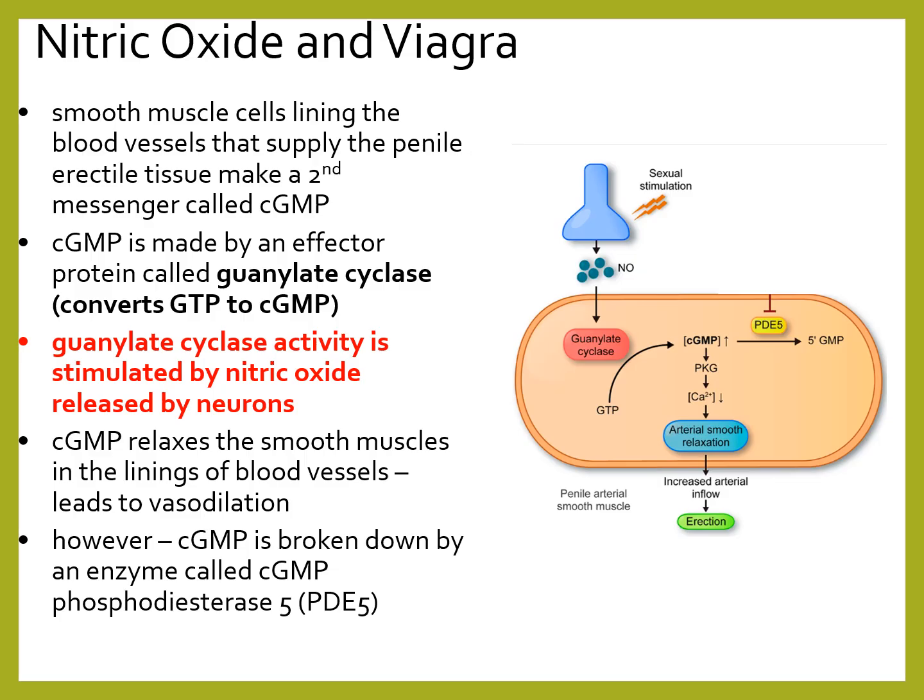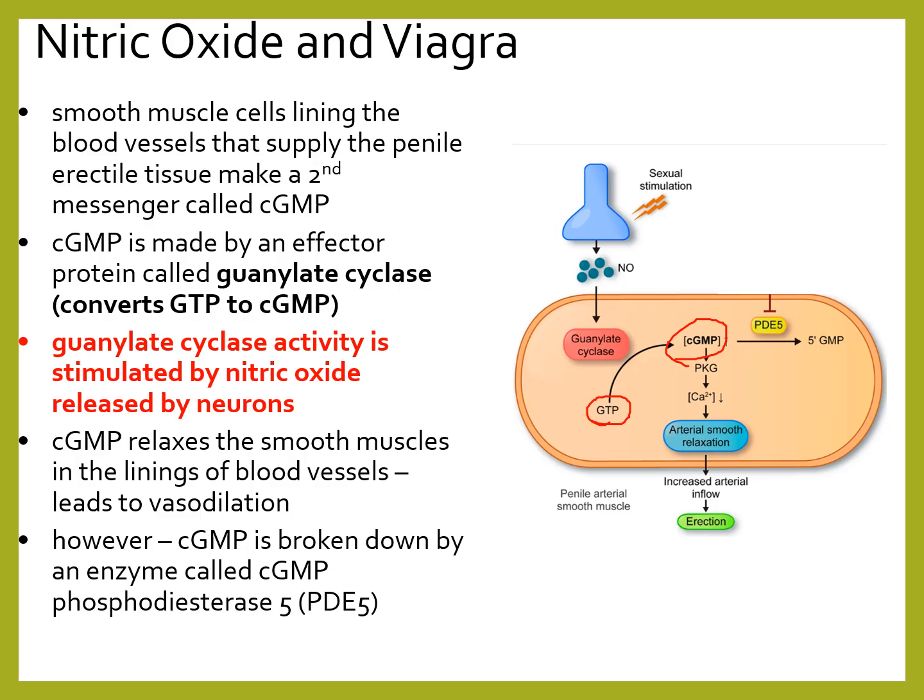These second messengers work in similar ways, in that they cause specific intracellular events to happen. Now, cyclic GMP is made by an effector protein called guanylate cyclase. Guanylate cyclase takes GTP and converts it to cyclic GMP. Again, this should sound familiar because the effector called adenylate cyclase converts ATP to cyclic AMP.